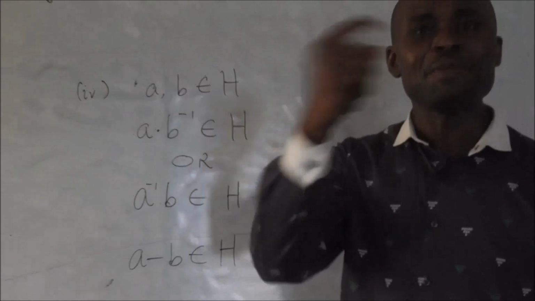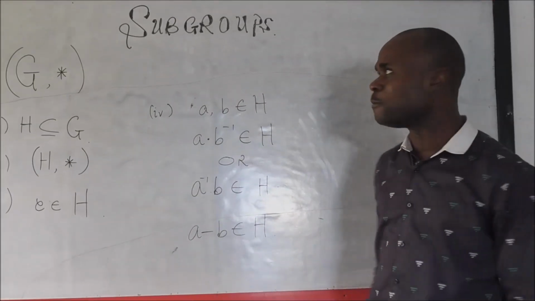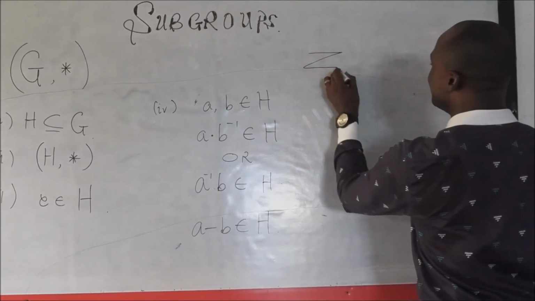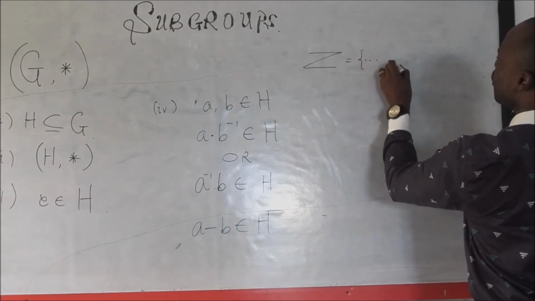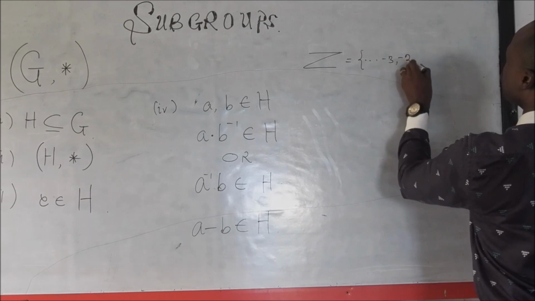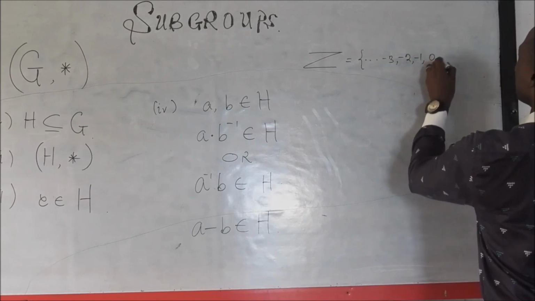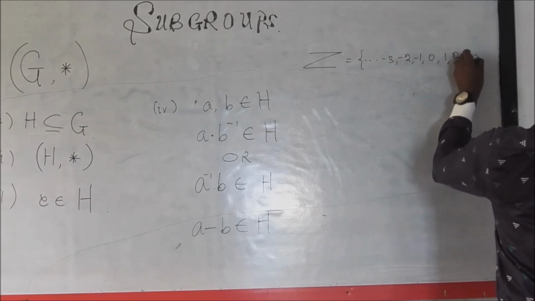Now, let me give you a good example of a subgroup. You remember Z. Z contains the elements minus 3, minus 2, minus 1, 0, 1, 2, 3, and so on.